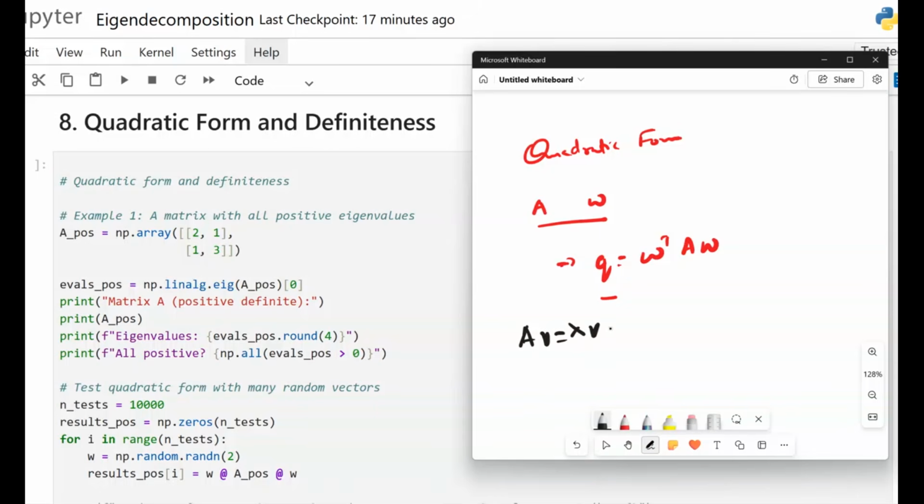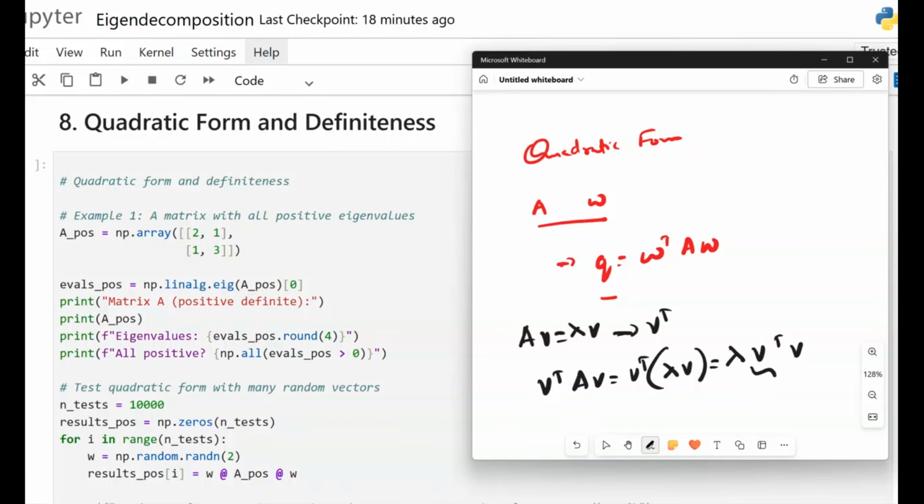Left multiplying by v transpose, we get v transpose A v equals v transpose times lambda v, which is lambda multiplied by v transpose v. Kindly observe, dear friends, this is the squared norm of v, which is greater than 0. So the quadratic form would be lambda multiplied by the squared norm of v.